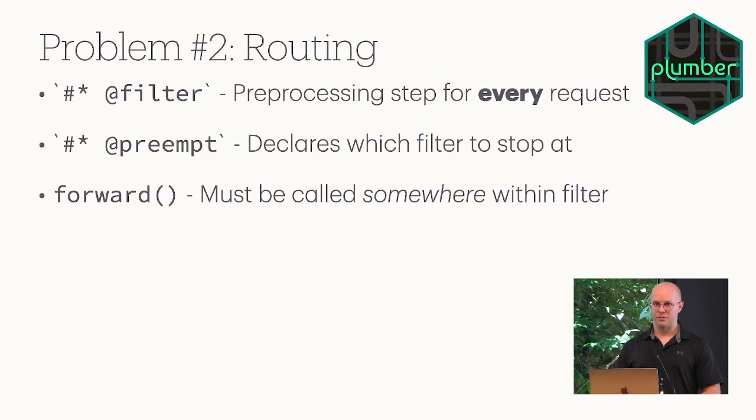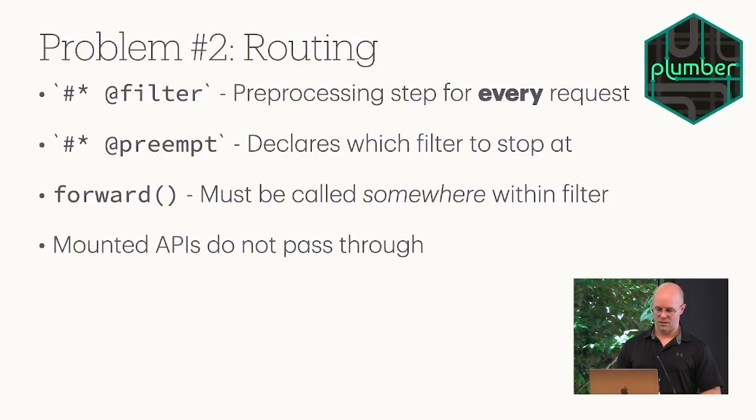There was also a function called forward, and it just must be called somewhere within your filter. This gets especially tricky when you're doing promises, because does it have to be returned somewhere? I don't know. It's just a little weird.